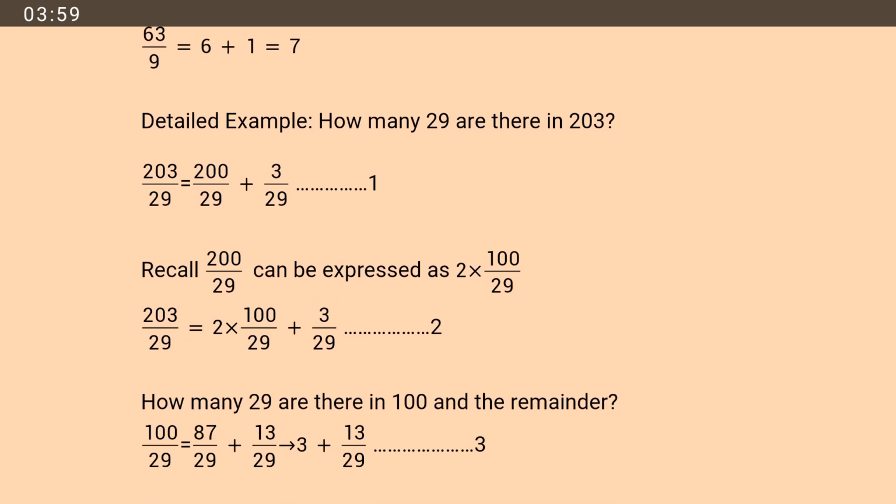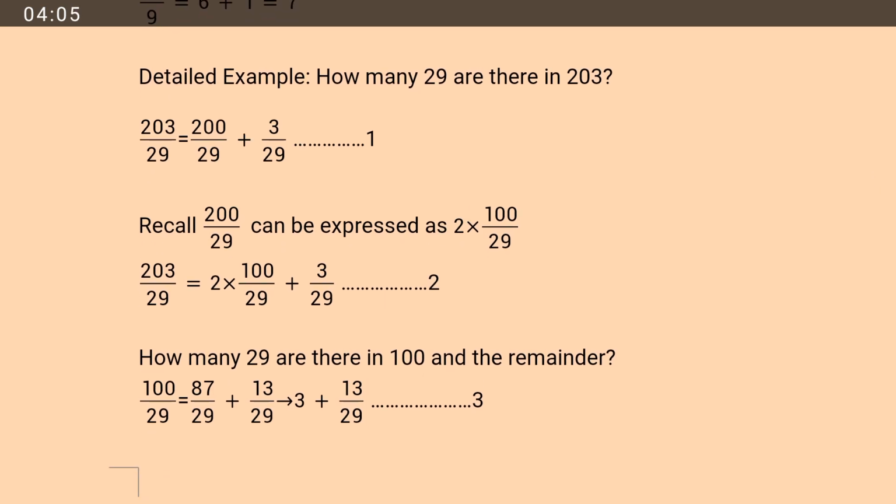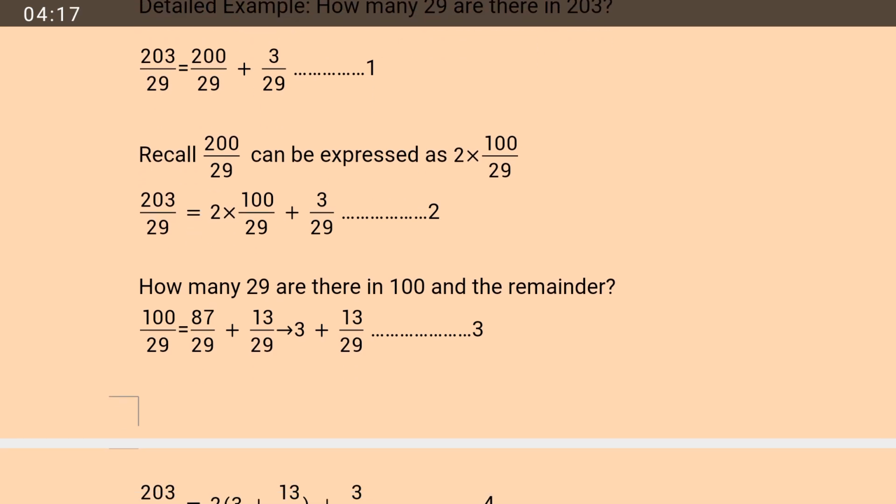Now let's quickly look at the second example. How many 29 are there in 203? So first thing, we split 203 into expanded form, which is 200 over 29 plus 3 over 29. Now if you recall, that 200 over 29 can be expressed as 2 times 100 over 29.